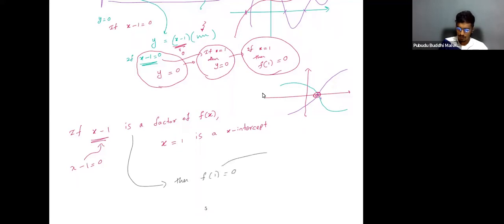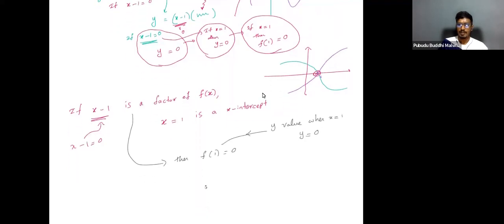Basically, f of 1 means the y value when x equals 1. Y value equals 0 means at that point the height equals 0. When x equals 1, the height equals 0.